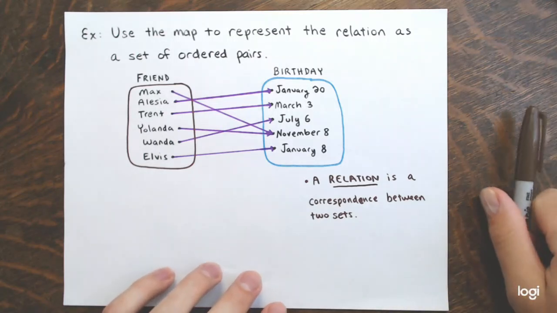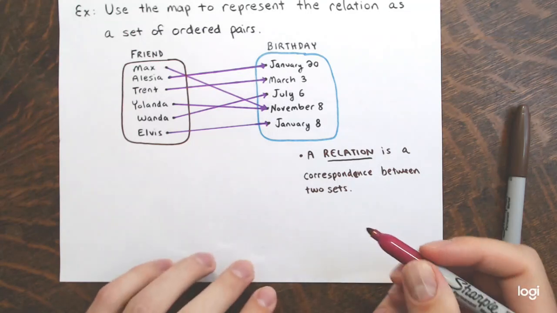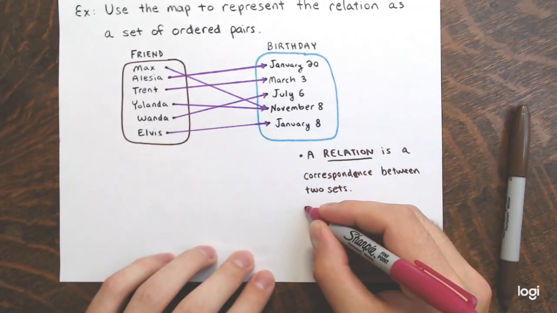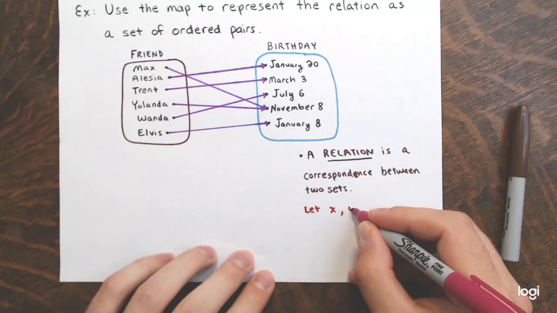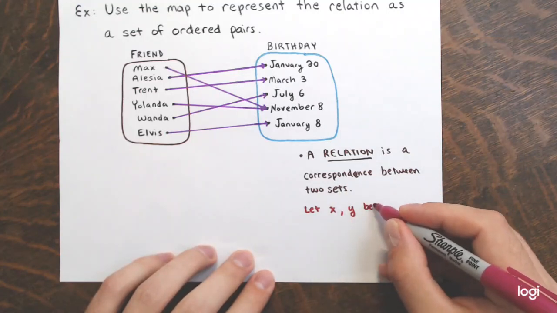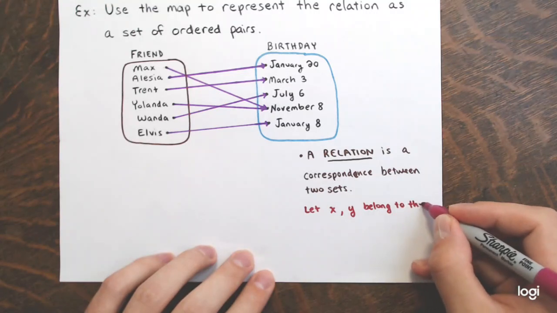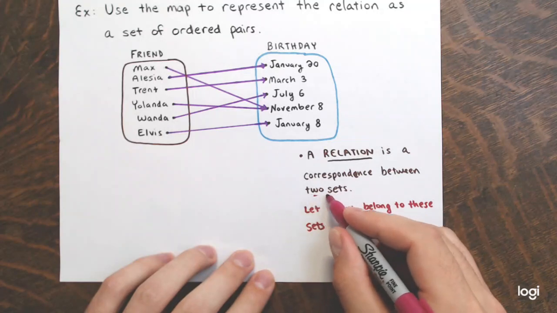And some notation you'll come across. So suppose I have two elements, say x and y, that belong to these two sets I'm talking about.